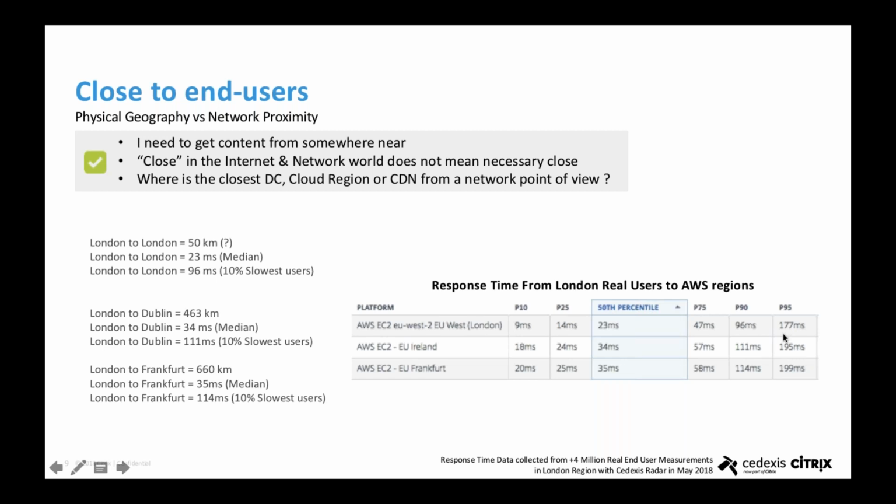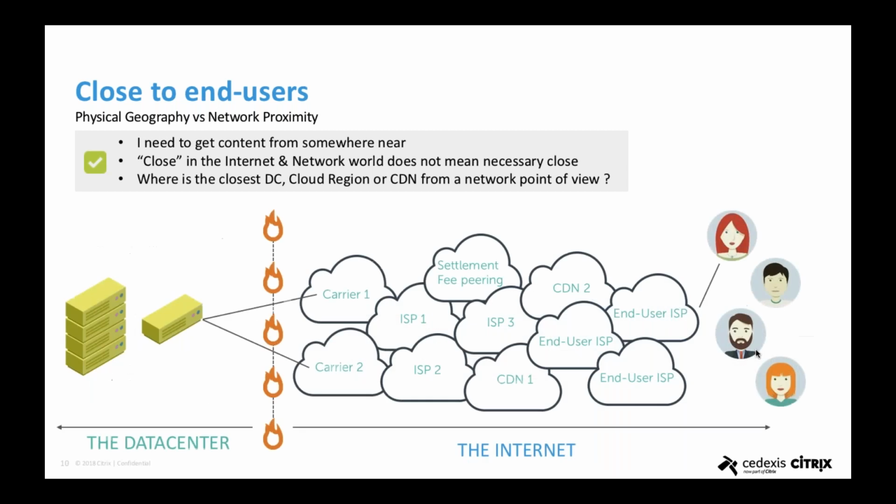And if we look at the highest percentile, the 90th percentile, which is the 10% slowest users, you're going to see even sometimes the difference to go to London or to go to Ireland is going to be pretty close in terms of latency, and end user experience could also be kind of similar. And one of the main reasons for that is, again, the fact that the internet is basically interconnected networks between the end users and your data center or cloud, which you have to go through.